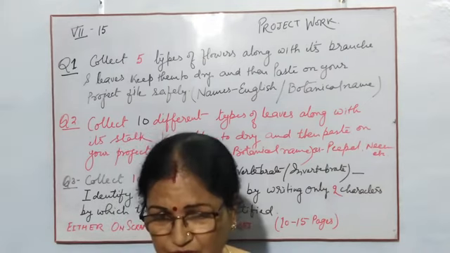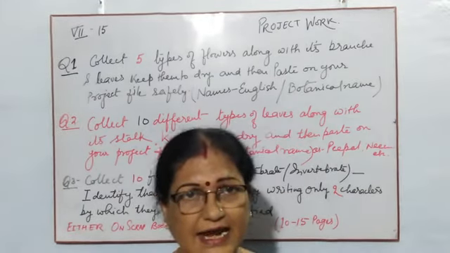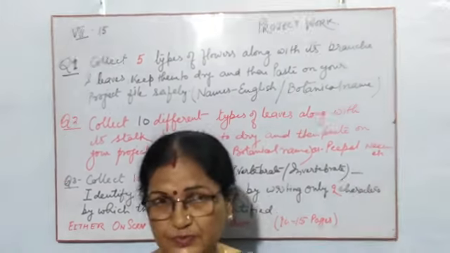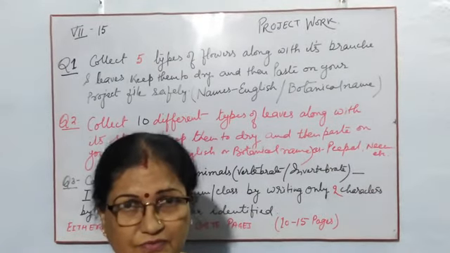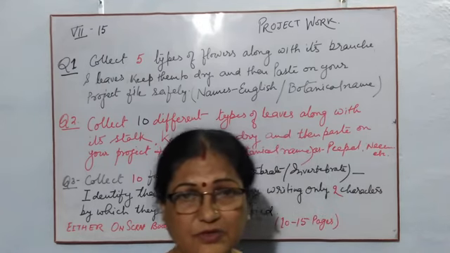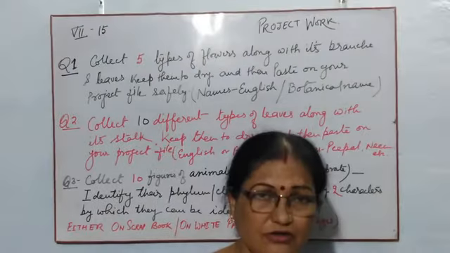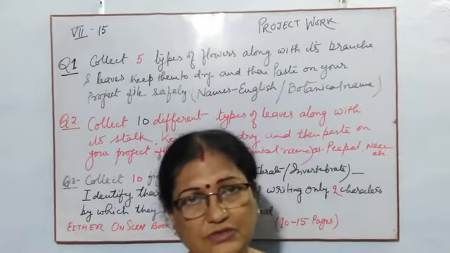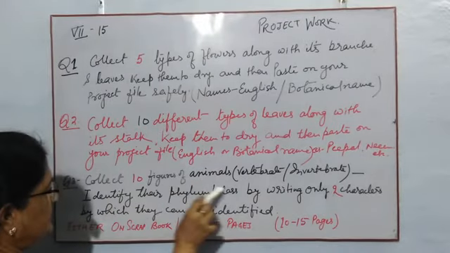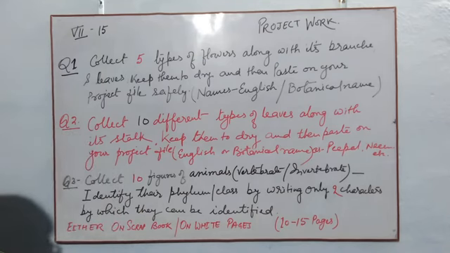So one point you can write is that it is an aquatic animal because it has gills, and it belongs to the group pisces. Another example, a frog. If you collect the figure of a frog, then you can write that it belongs to amphibia because it can live in water and also on land. In this way, only 2 points you have to write about each and every phylum or class, and you have to collect 10 figures. Understood?